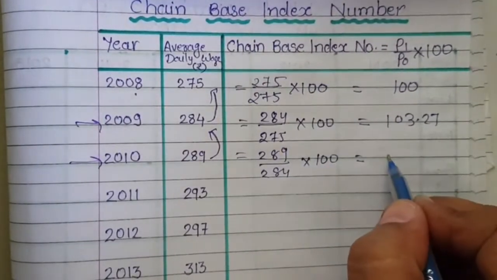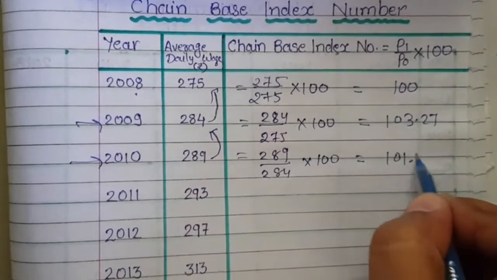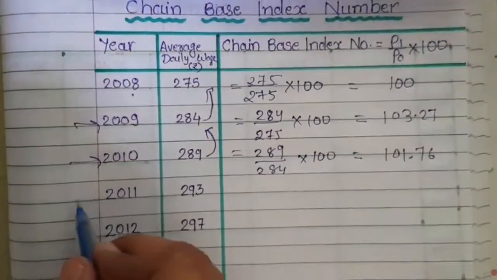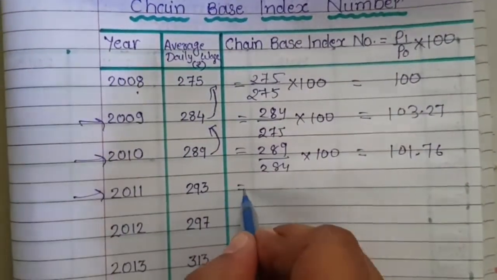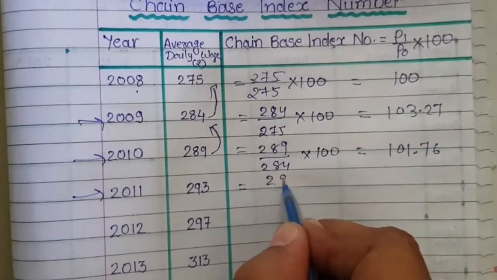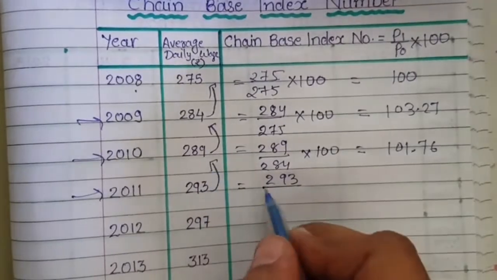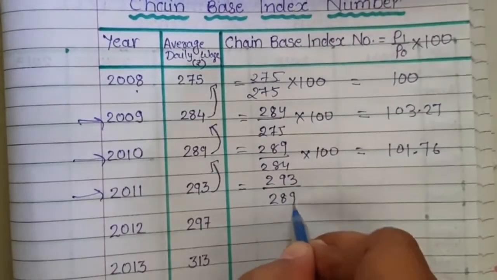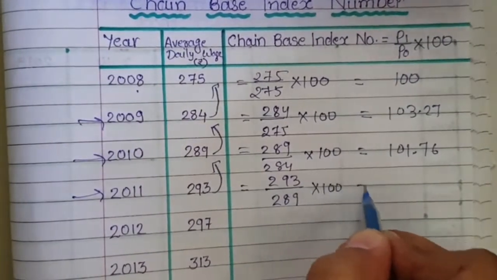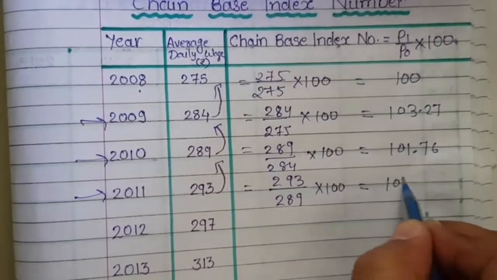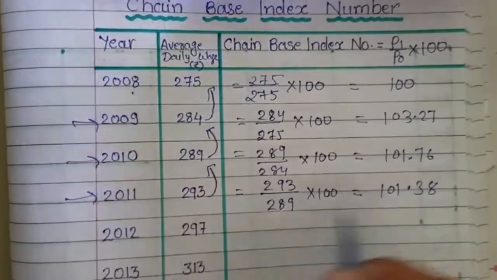I will get 101.76. For 2011, the current year price is 293, and its preceding year price is 289, multiplied by 100. I will get 101.38.